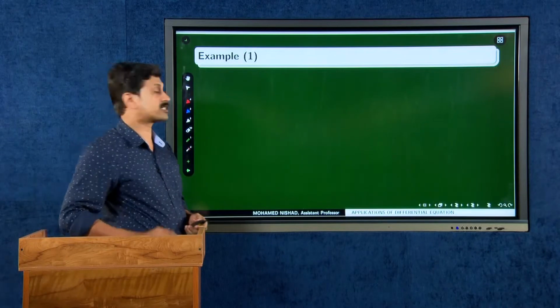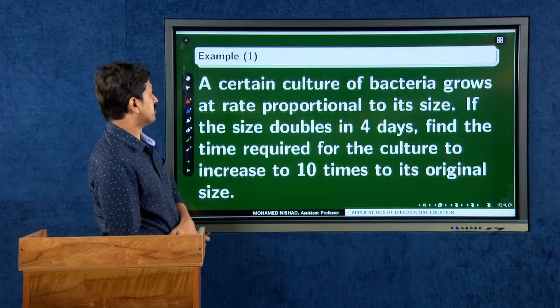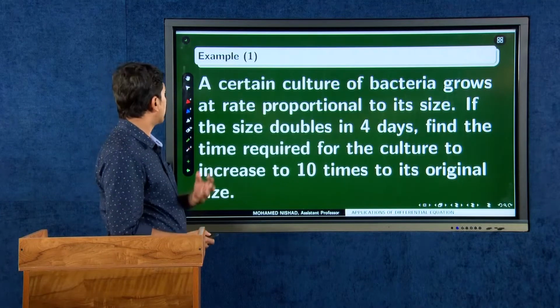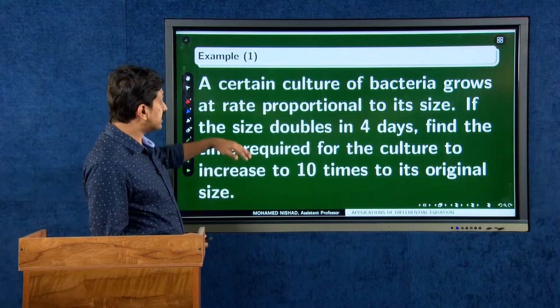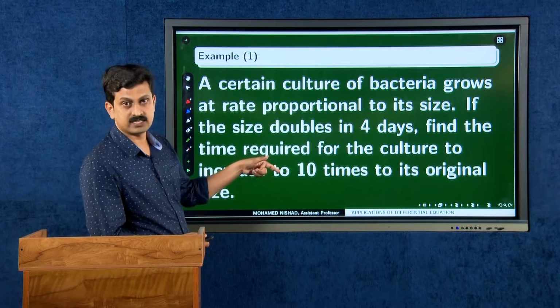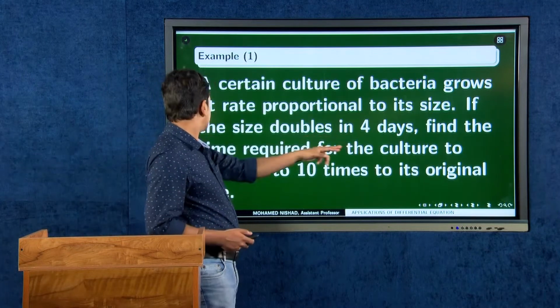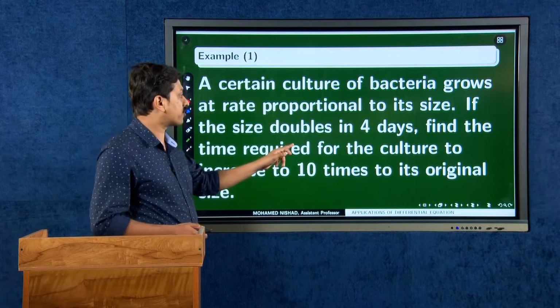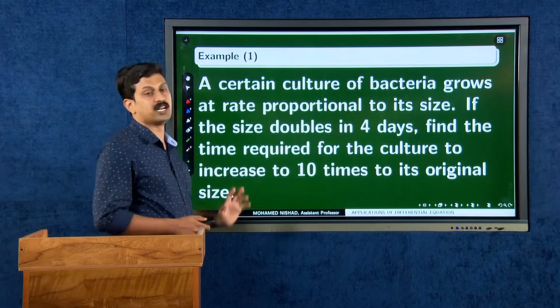So, my dear students, come to the example. In example 1, a certain culture of bacteria grows at a rate proportional to its size. If the size doubles in 4 days, find the time required for the culture to increase to 10 times its original size.